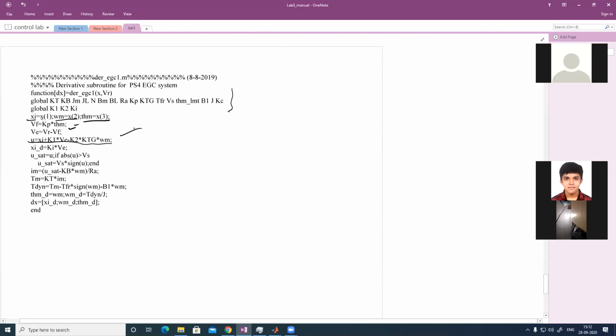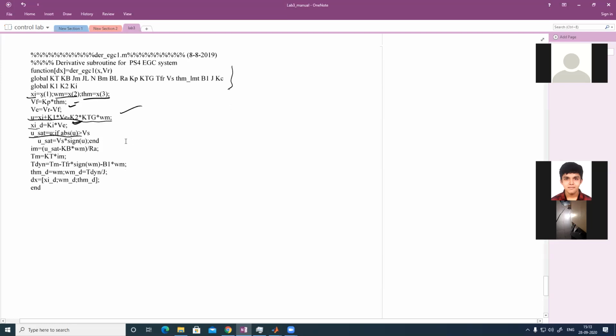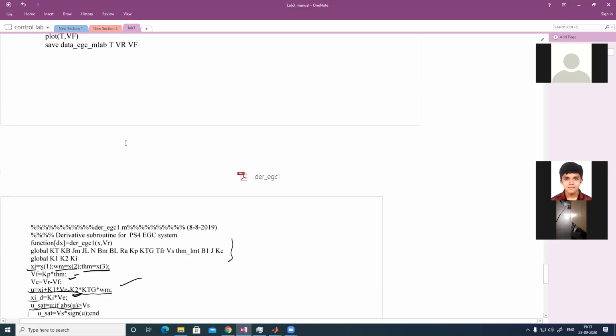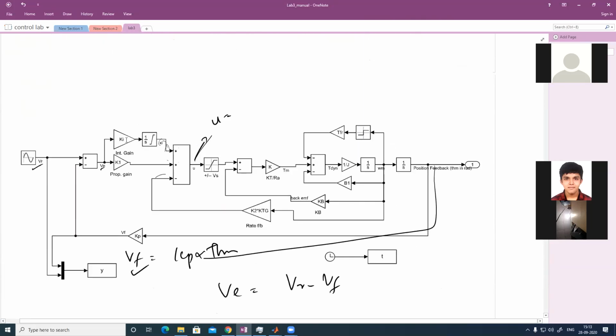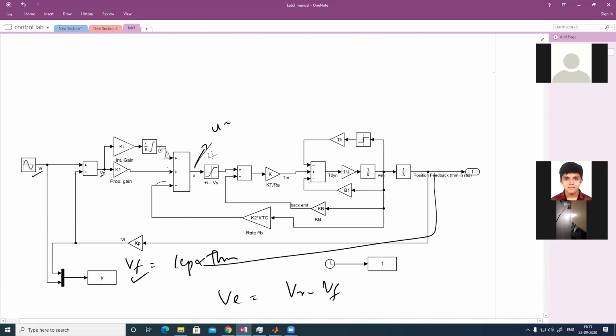That is the U parameter, and Xi underscore T is K1 into V, Ki into V. That is given here. And U saturation: U saturation is equal to U if the absolute value of U is greater than Vs. That is this limit. If U is greater than Vs, it has to be set to Vs, the maximum value of U.